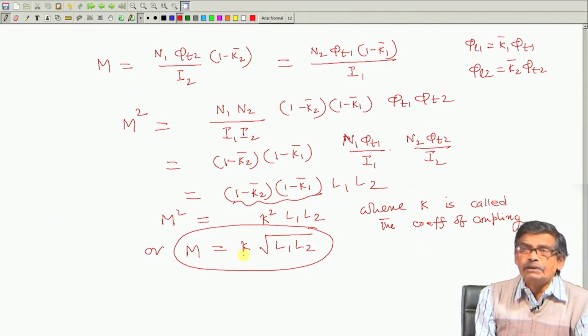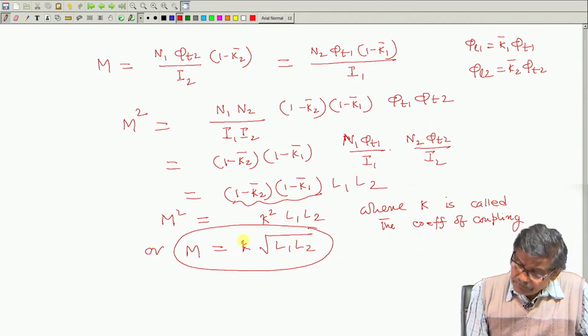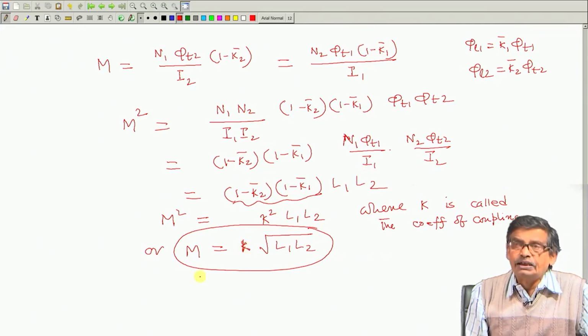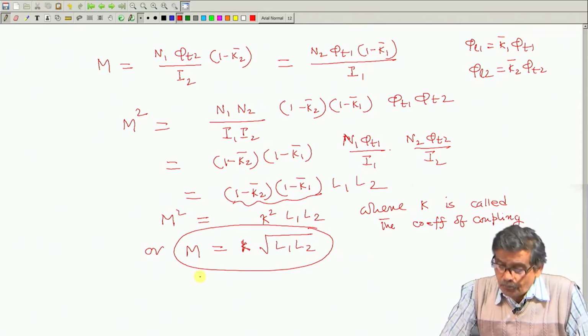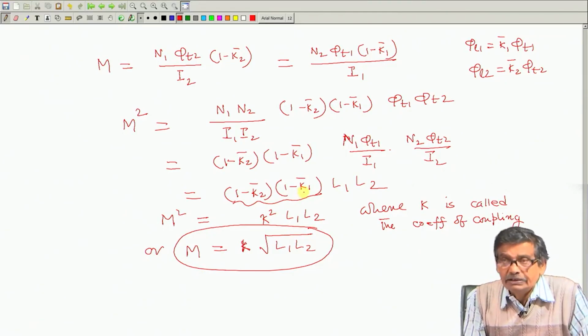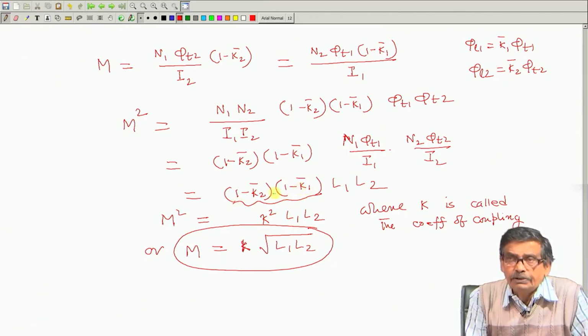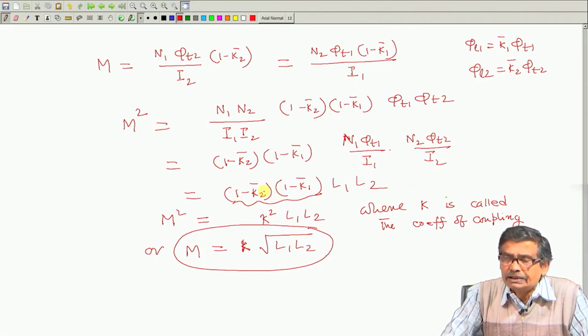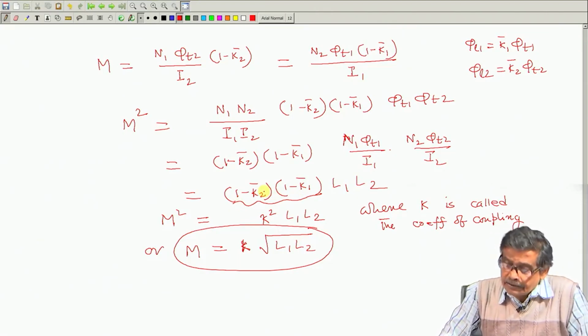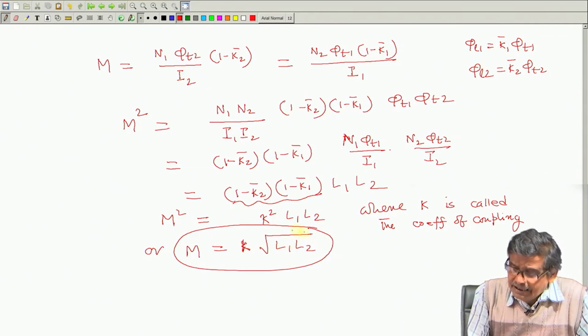It will be a positive number, and for a tightly coupled coil, k should be close to 1. Mind you, K1 bar is very small, so 1 minus K1 bar will be close to 1. Of course, you are multiplying once again, so it becomes less than 1, but this is the thing I wanted to point out.